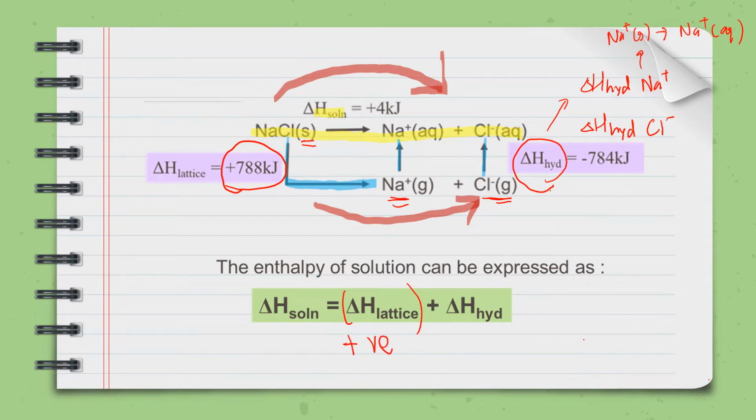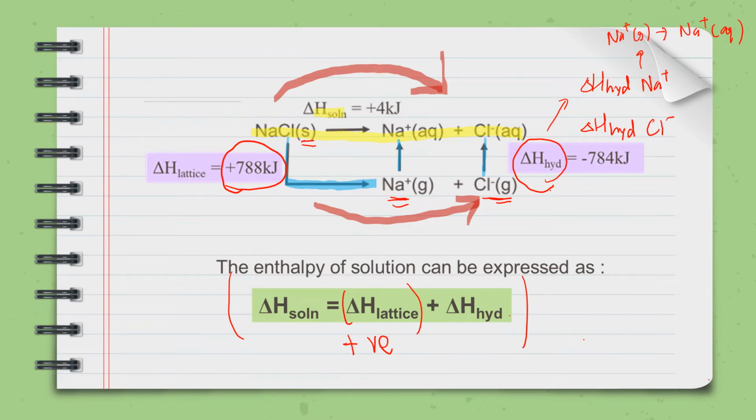The position of the energy cycle diagram over here must always be like this, because this cycle shows the process of dissolution of an ionic solid. So it must go step by step: first it goes down here to break the solid, and then it goes up here to hydrate the gaseous ions.